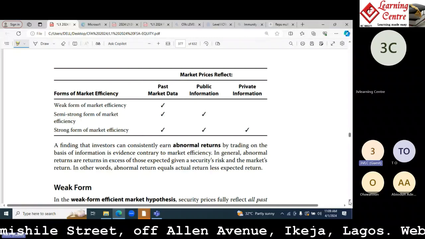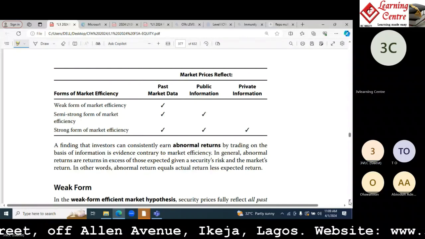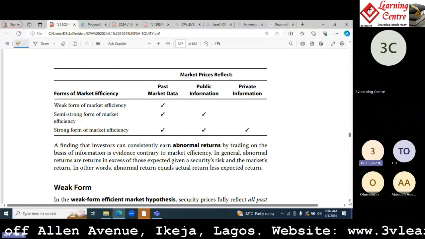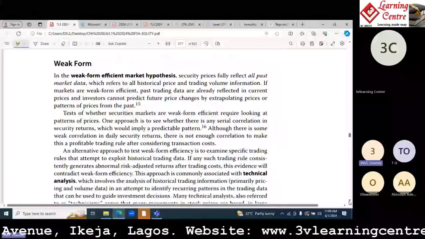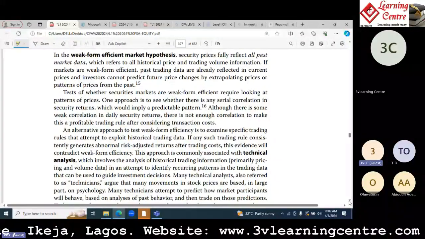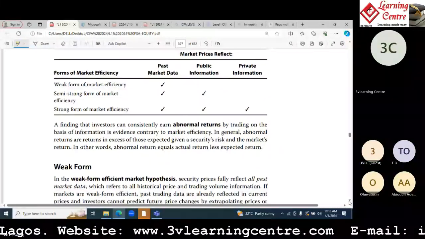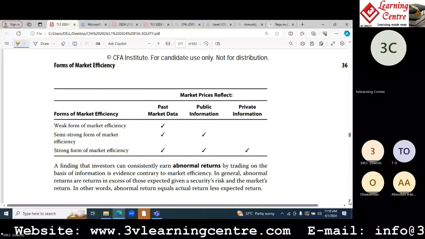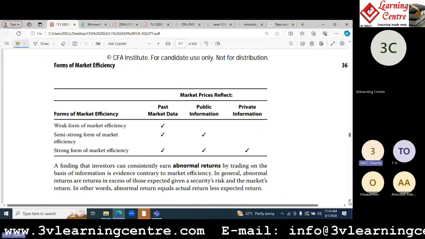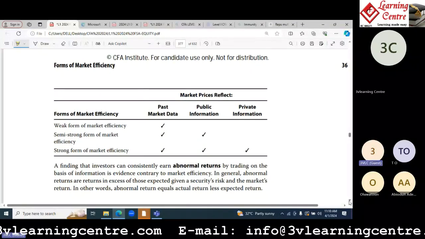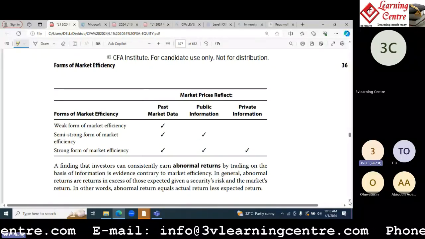The strong form of market efficiency. So that is a summary of everything that they have said here. Now, what they also said is that if you look at each of these forms, it shows you the kind of information that is existent in each of these forms.